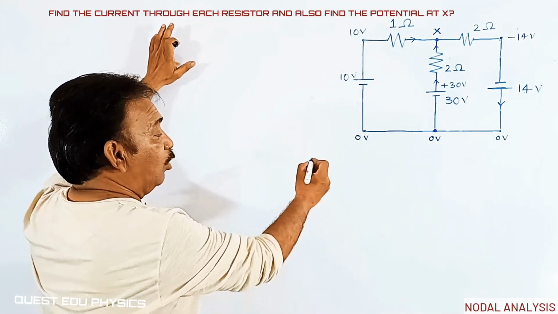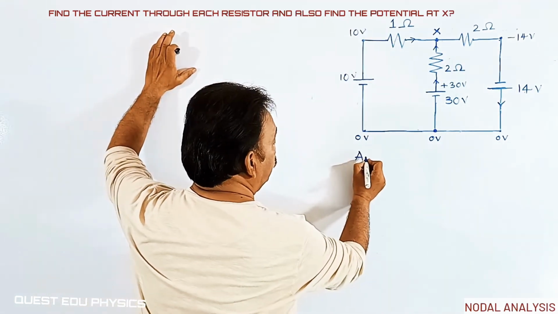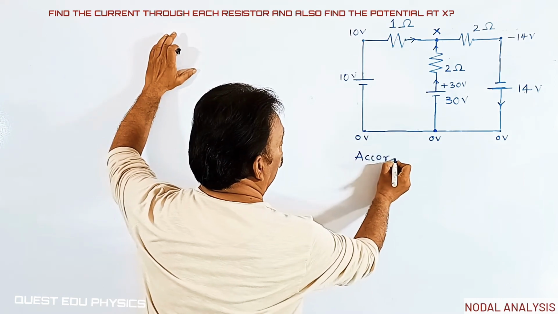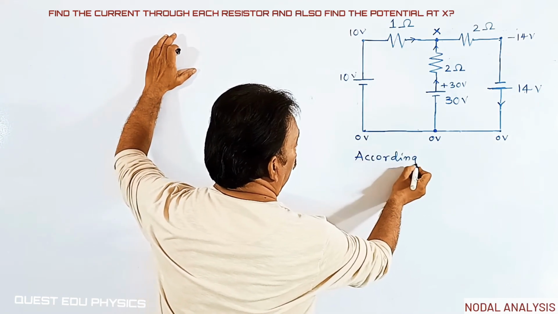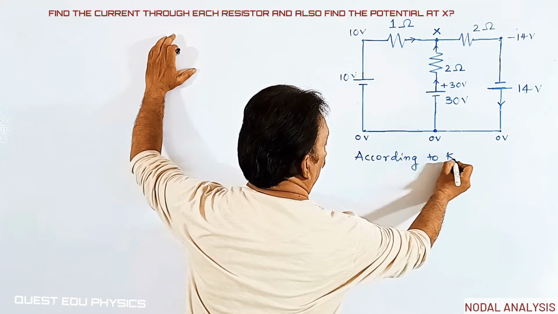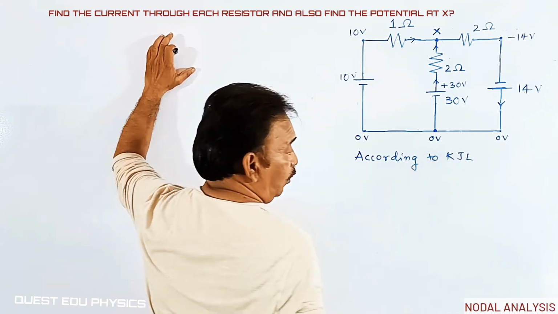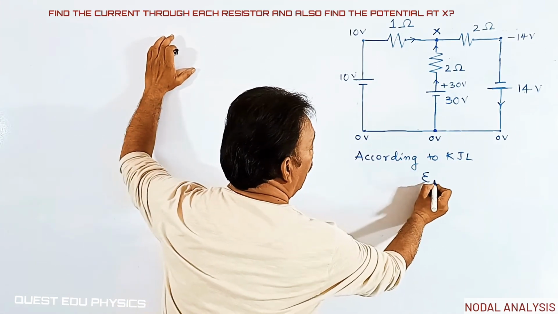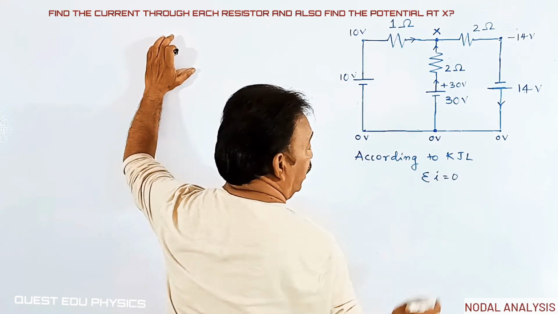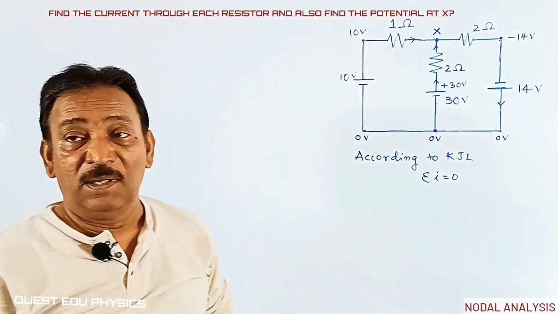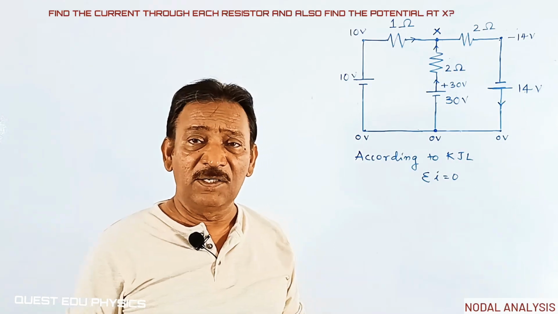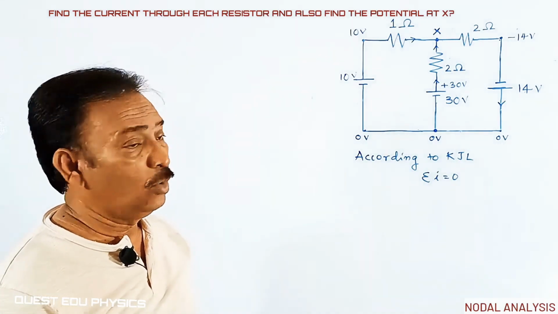According to Kirchhoff's junction law, sigma I is equal to 0. At a junction, the sum of the incoming currents is equal to the sum of the outgoing currents.